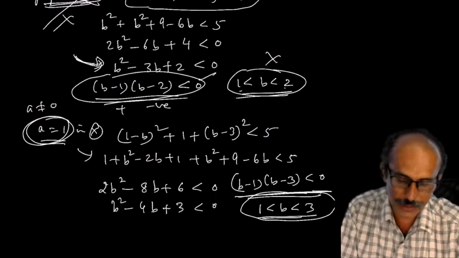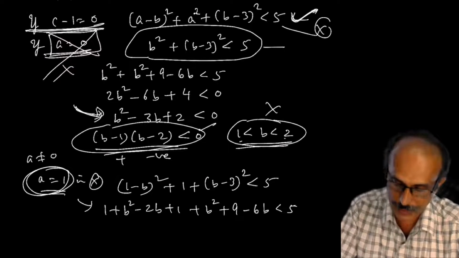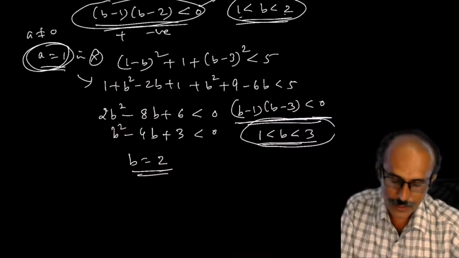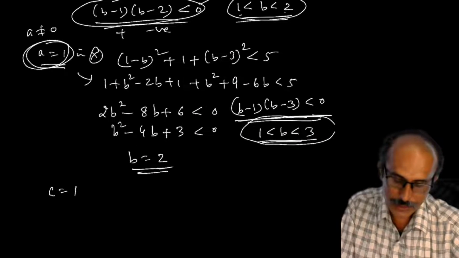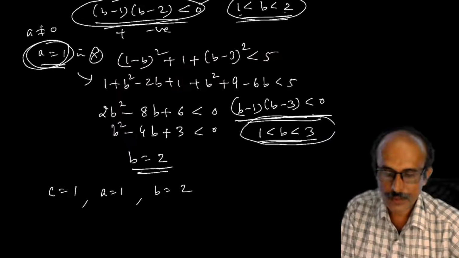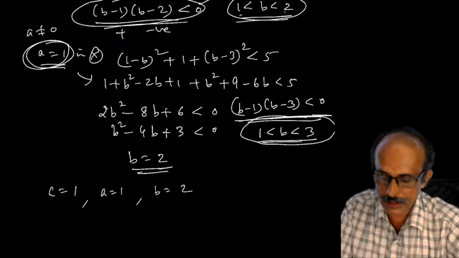So if I assume that c is equal to 1, a is equal to 1, then I am getting b equal to 2. So this is a possible value, 1 plus 1 plus 2. So the answer is 4, we can expect that.